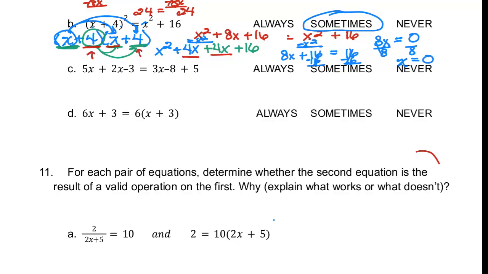Say it again. Yeah. So you have like terms right here. 5x plus 2x is 7x minus 3. On the other side, you have 3x, and you can combine the negative 8 plus 5, which gives us how much? Minus 3. All right, keep solving for x. Get your x's on one side, get your numbers on the other.